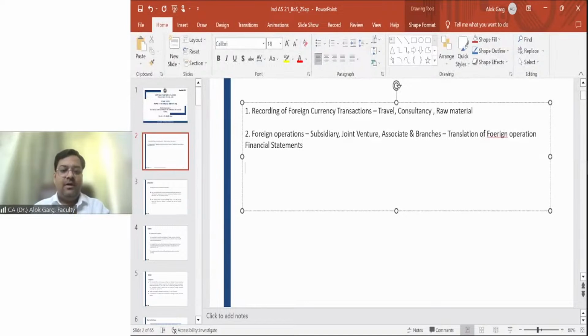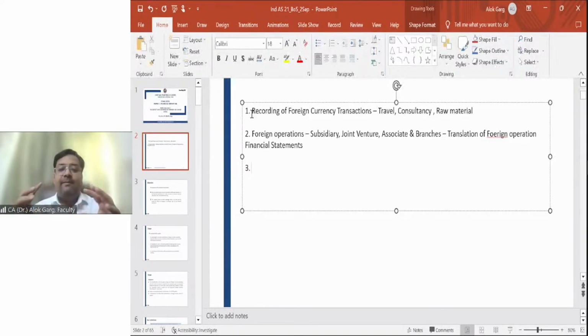Third example, Reliance is taking a loan from Japan. A Japanese investor is there, and Reliance is taking a loan of, let's say, 20,000 crores from a Japanese bank. Now the Japanese bank is asking to present the financial statement of Reliance in Japanese yen, the Japanese currency.